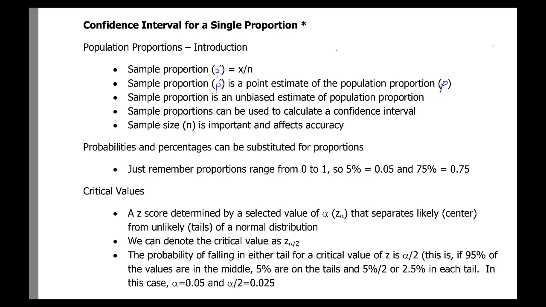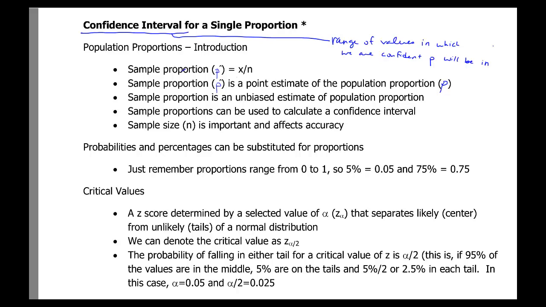So again, a confidence interval is the range of values in which we're confident that the population proportion will be in.